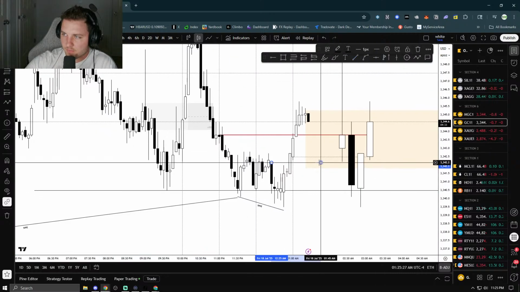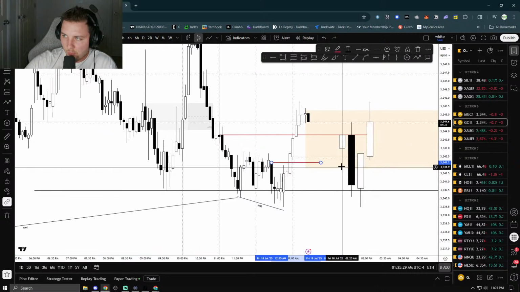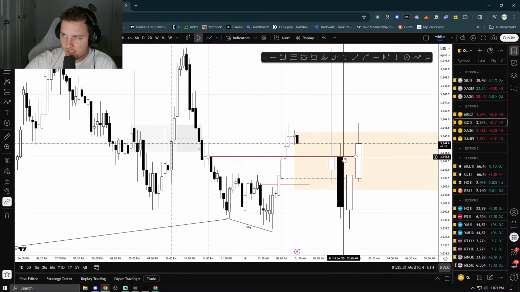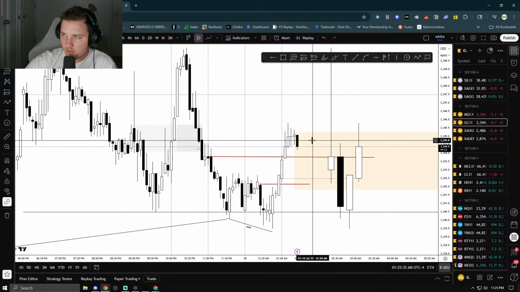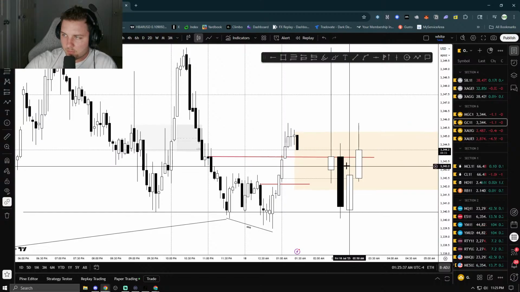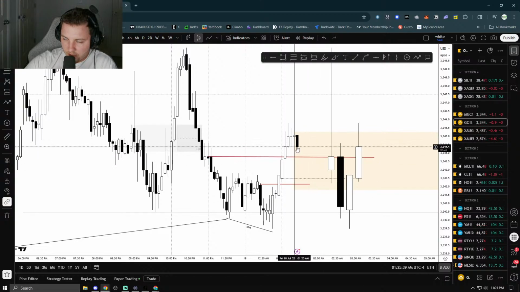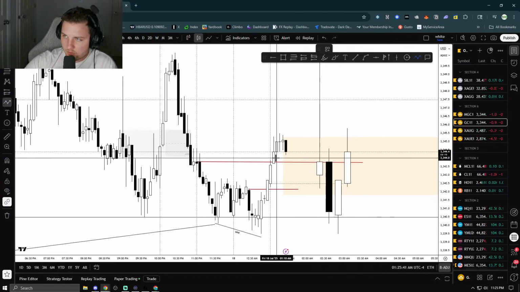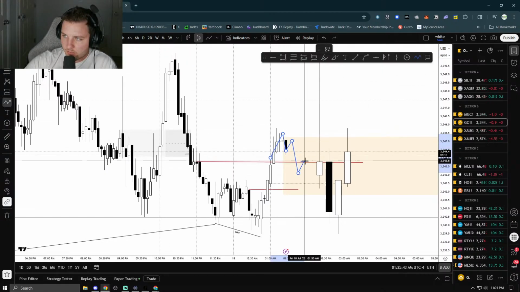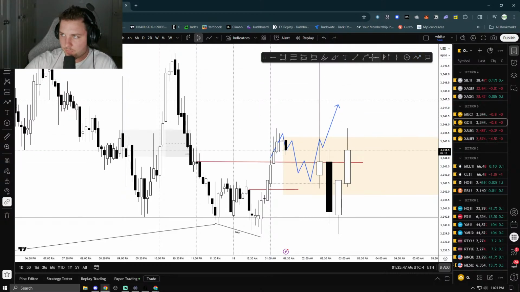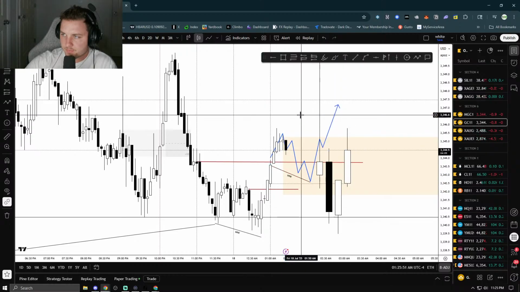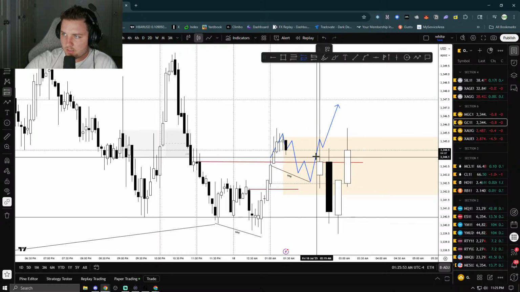CISD. And then hourly time frame right here. We can close above right here. Hourly CISD. Then what do we look for? AMD reversal, or continuation rather, creating an SMT, CISD.